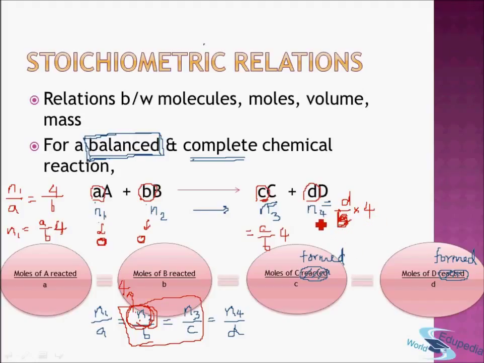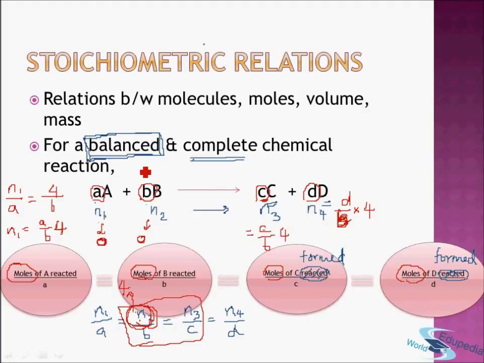So if I know the moles of any one of the substances, I can calculate the number of moles of any other substance. Once again, instead of moles of A reacted, moles of B reacted, moles of C formed and moles of D formed, I can also use number of molecules. If I have the number of molecules of A reacted divided by small a, then I replace the moles by number of molecules everywhere.